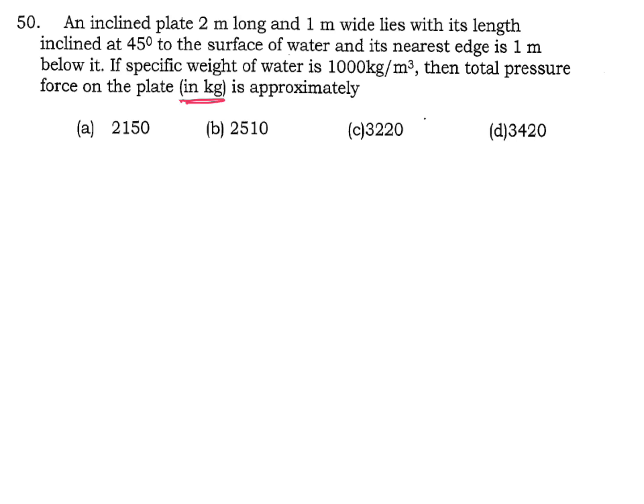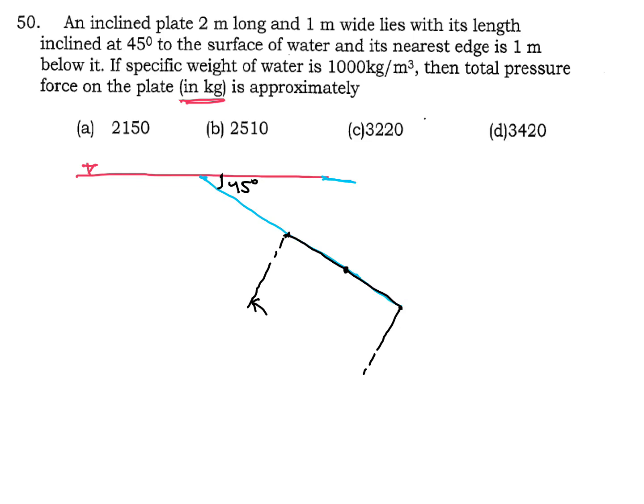Here theta is 45 degree, inclined plate of 2 meter long, and width is 1 meter, lies with its length. So nearest edge is this distance, 1 meter below it.